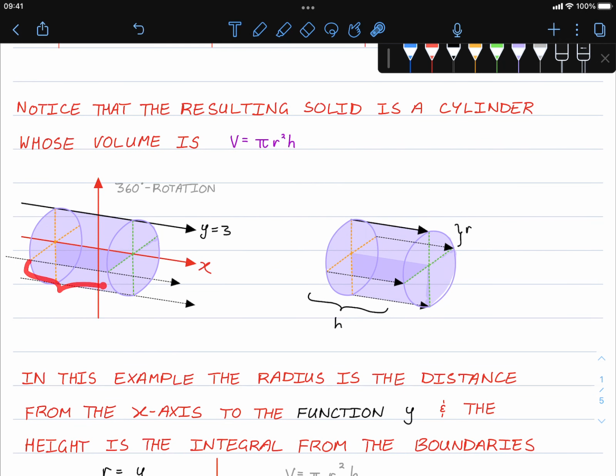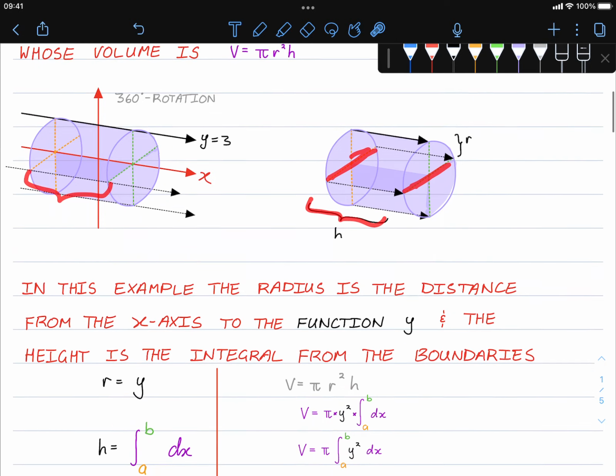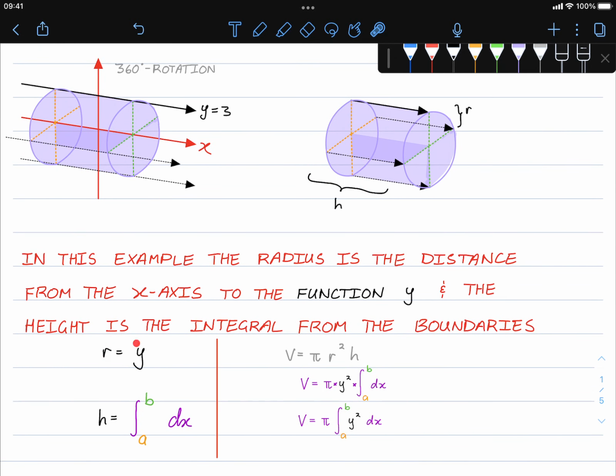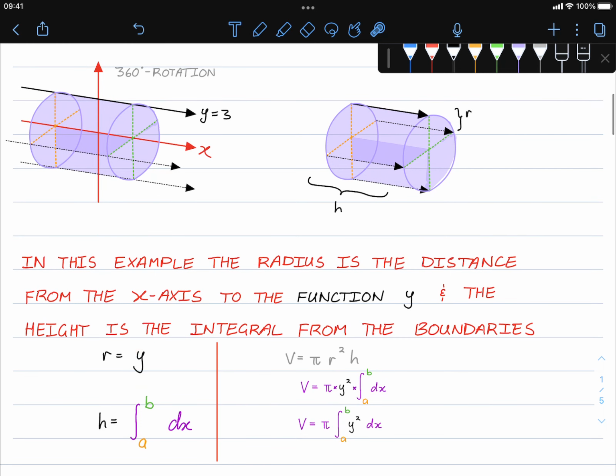So this here, from A to B, that is actually the height. So r is the radius, and in this case y, the function y, is the radius, and the height is the integral from A to B.